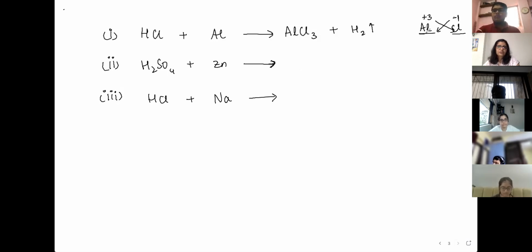Okay. So another way to look at it is, Anirban, how confident are you with electronic configuration? Ma'am, not fully, but a little bit. Okay. What is the electronic configuration of aluminium? Okay. If you don't remember, let it be. No issues. But valencies, at least this part you need to remember.